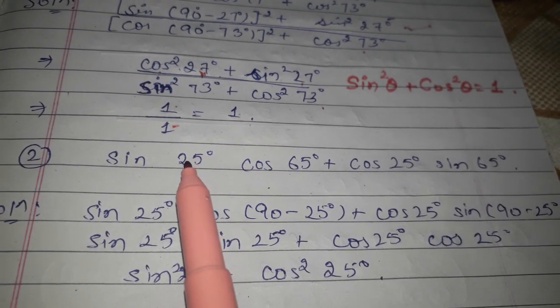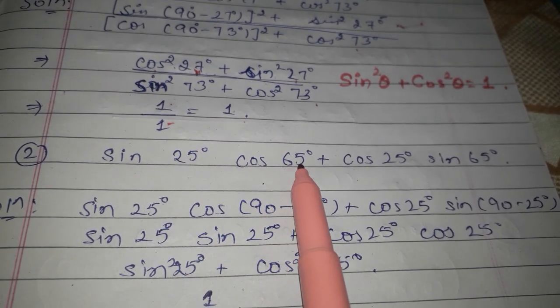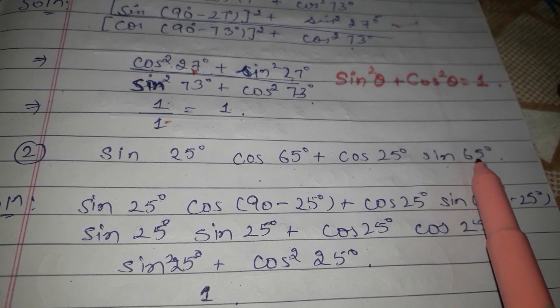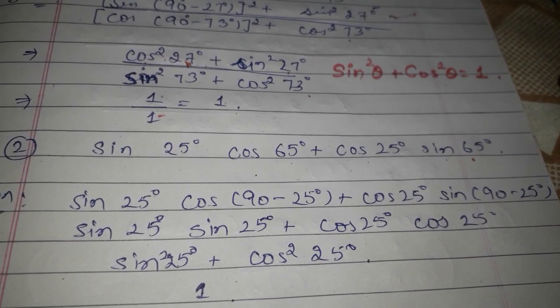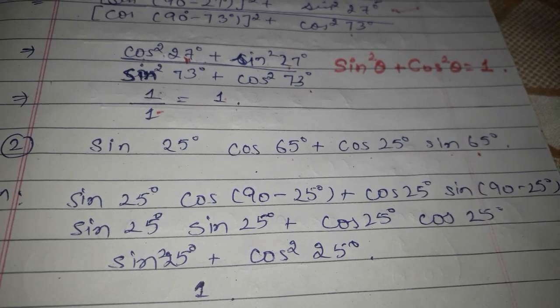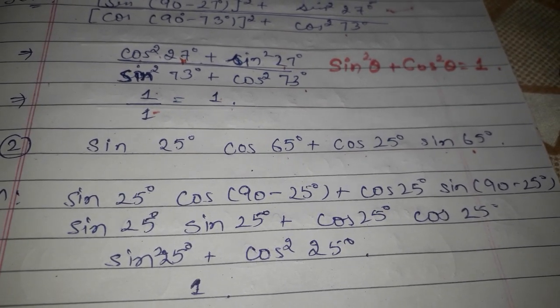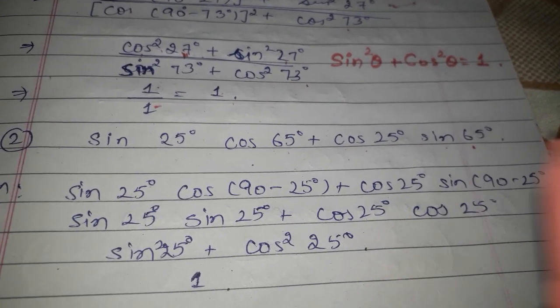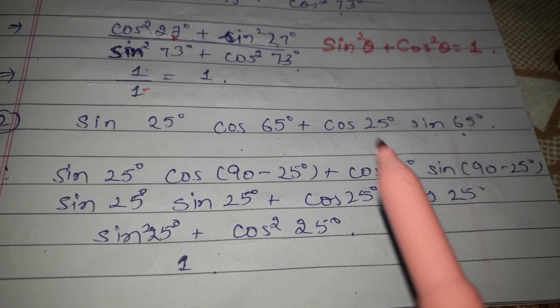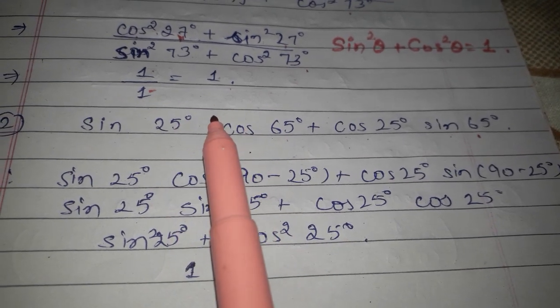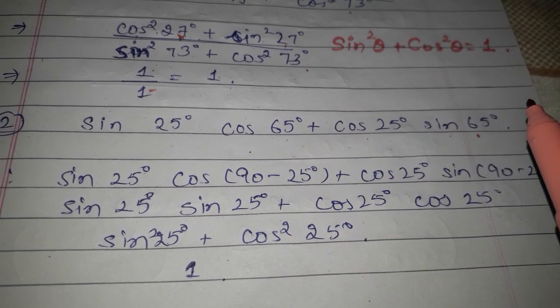Next question is sin 25 degree cos 65 degree plus cos 25 degree sin 65 degree. Again I will use the formulas sin of 90 degree minus theta is cos theta, and cos of 90 degree minus theta is sin theta. In this question we have to use a trick: we will form it like sin square theta plus cos square theta.